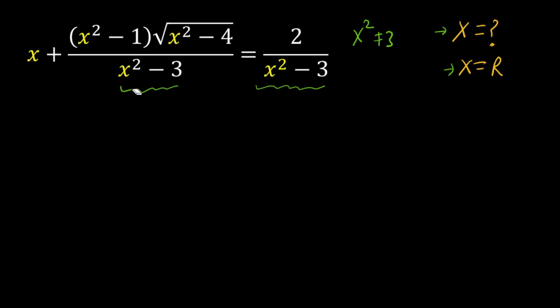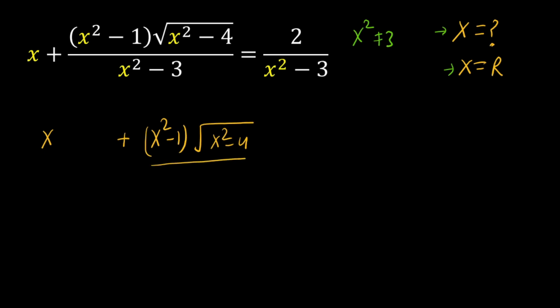Now, the left-hand side is x plus (x² − 1) times √(x² − 4), divided by x² − 3, and this equals 2 over x² − 3, and the common denominator is x² − 3.